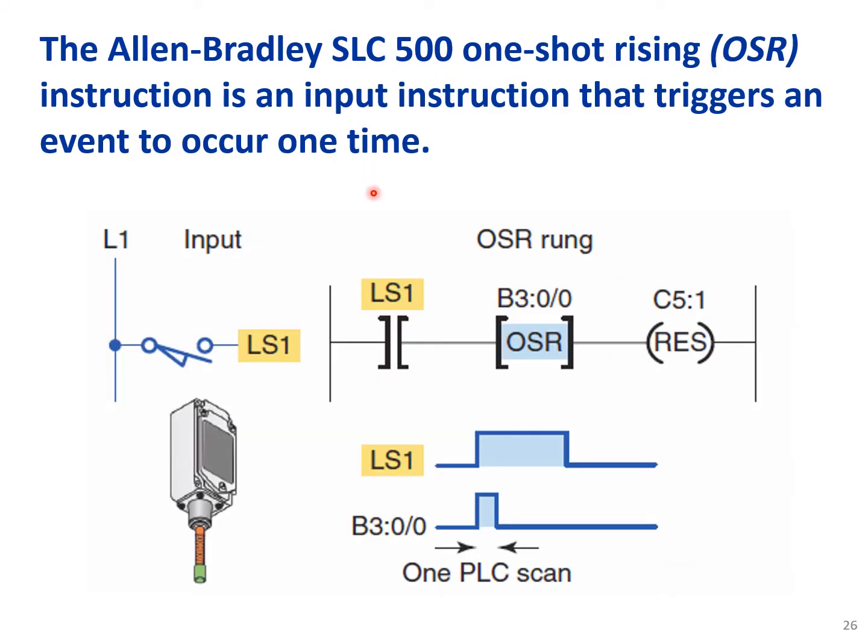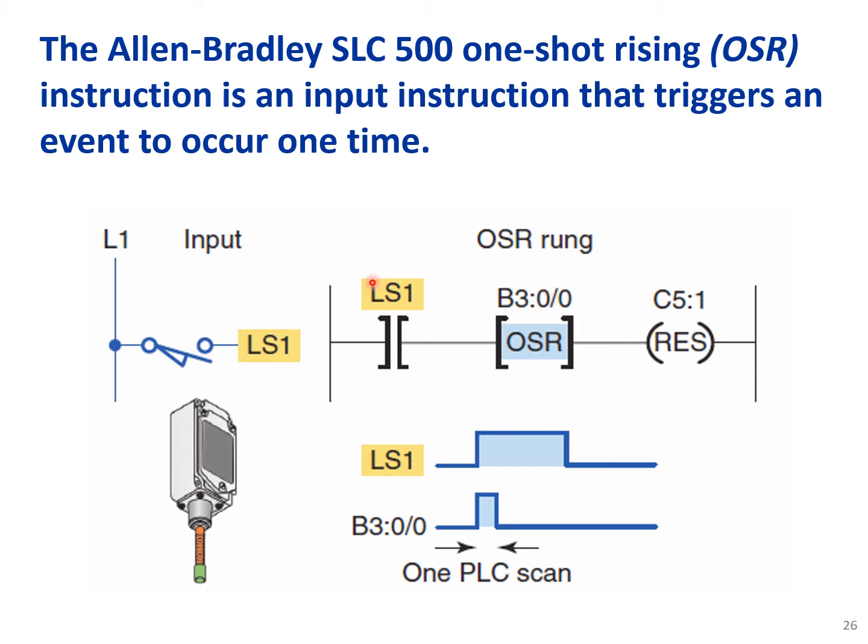The Allen-Bradley SLC 500 one-shot rising instruction is an input instruction that triggers an event to occur one time. Here again we have a one-shot rising, or transitional, contact. Here we have a limit switch input, and here we have our one-shot rising contact.